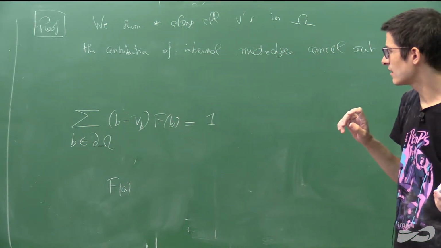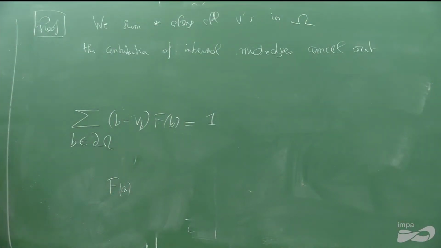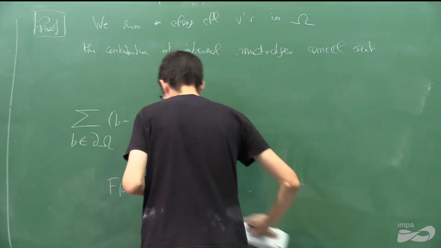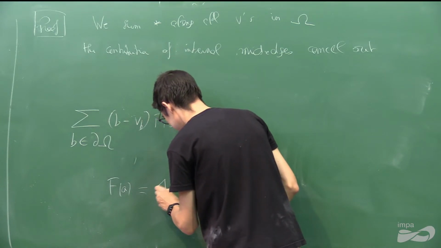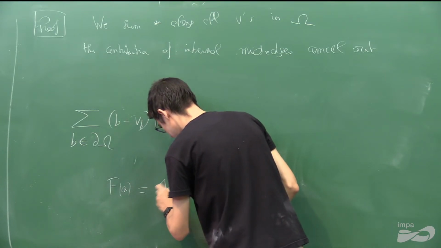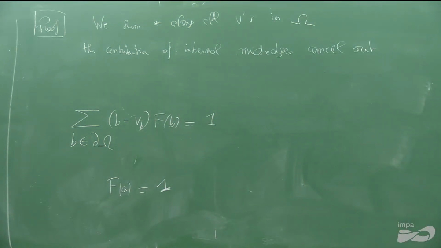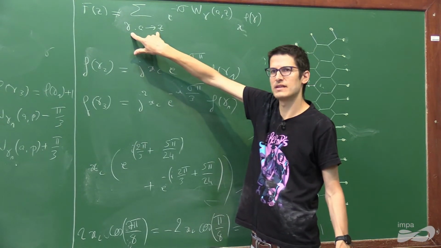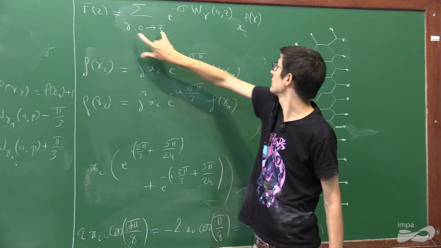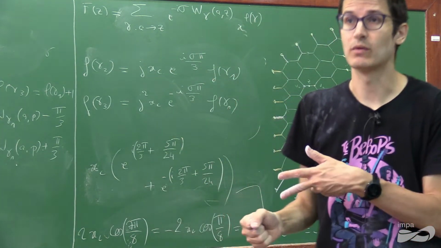Now, by definition, FA is equal to 1. The only gamma is the gamma of length 0, so it has length 0 and also winding number 0. So f of a is equal to 1.